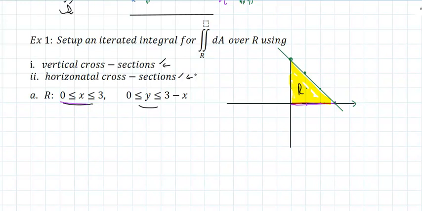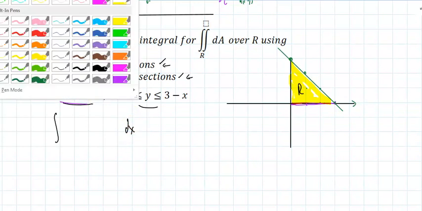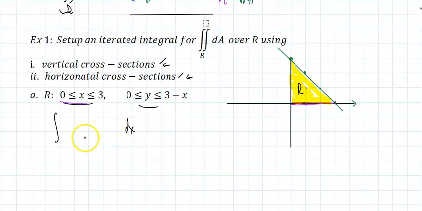Well, if I want to set up an integral that would find such a region, what I'll do, I'll say, all right, I'm going to take the integral and I'm going to start, let's say, with x first. If I'm starting with x, this is really what I'm viewing. I'm viewing x running vertically. X runs from 0 to 3.